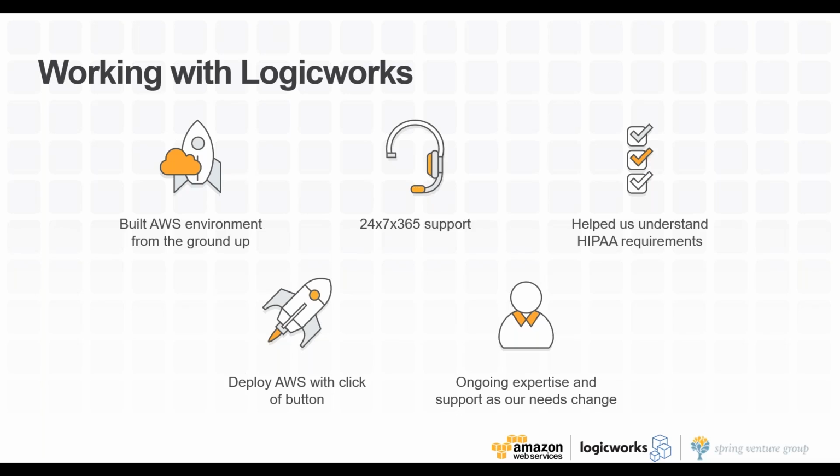Based upon that, Logicworks put together an architecture that ensured our HIPAA requirements were being met. They then took those requirements, built out the infrastructure using their DevOps stack process, and stood that environment up. We then took that environment and started building our continuous integration, continuous deployment automation on top of that.